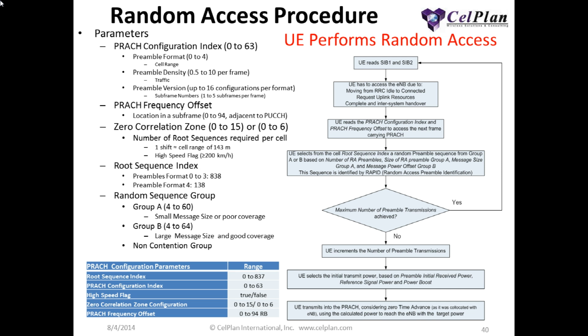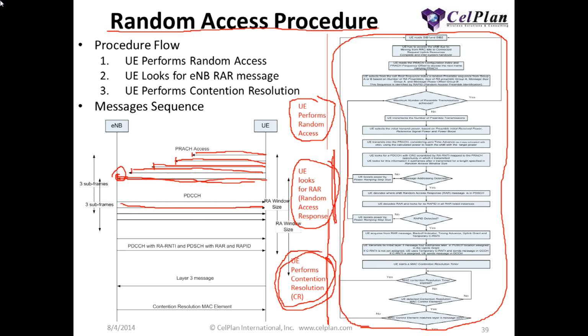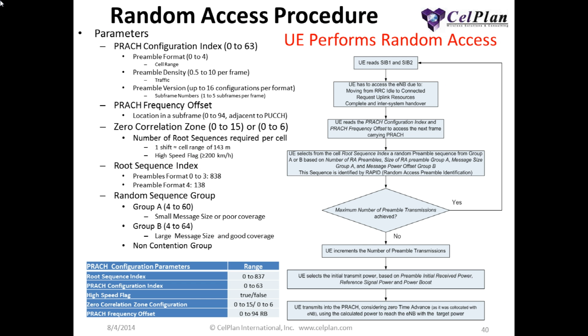So what we are showing here is this first part. The UE performs a random access, and I hope you can read the diagram flow. So again, what will be done now is that the UE reads some of the SIB2 parameters, and in this case it will read the PRACH configuration index.